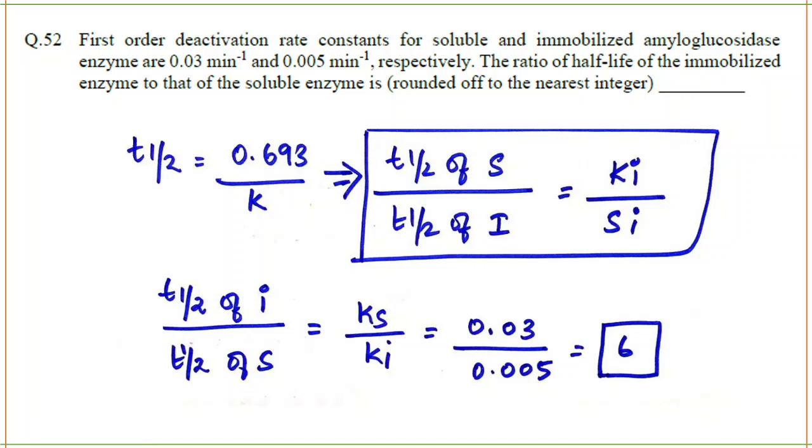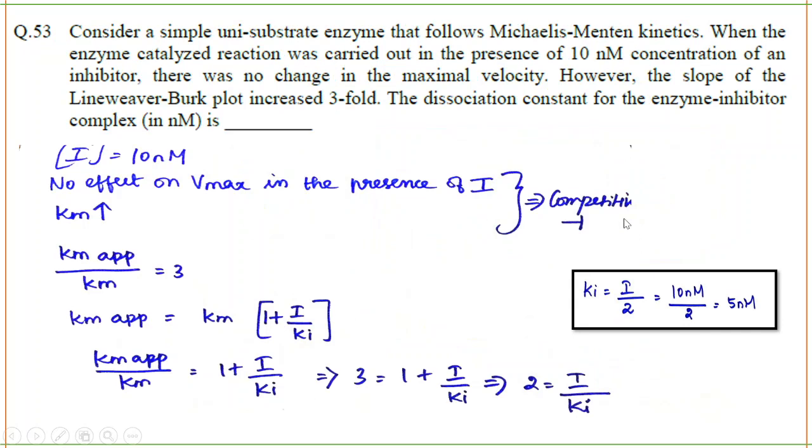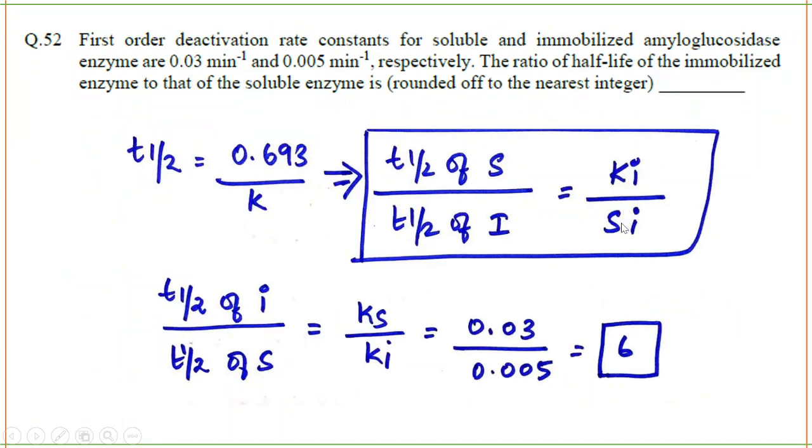That you can write as Ki by Ks. In the question, they've asked you the ratio of immobilized by soluble. So what you're going to do, you're going to just invert it. Actually, this is not Si, this is Ks.